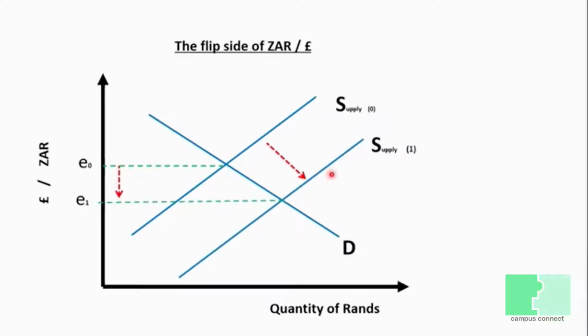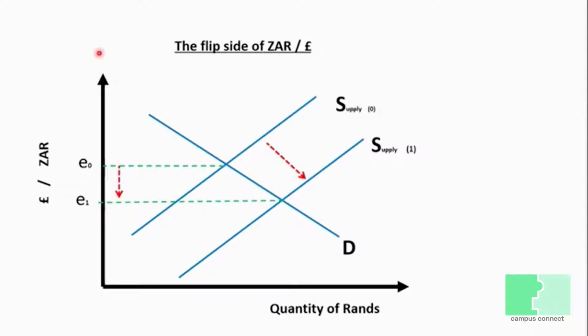In order for you to buy pounds, you need to supply your rands to the market so that you exchange them for pounds. And if you look at the equilibrium exchange rate, it goes from E0 to E1. You can break this down and analyze it further, but it confirms the idea that the pound will appreciate and the rand will depreciate.